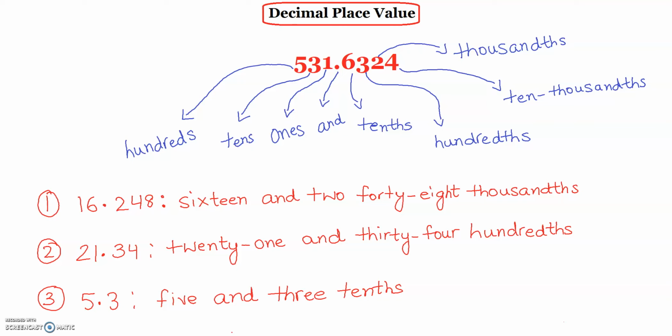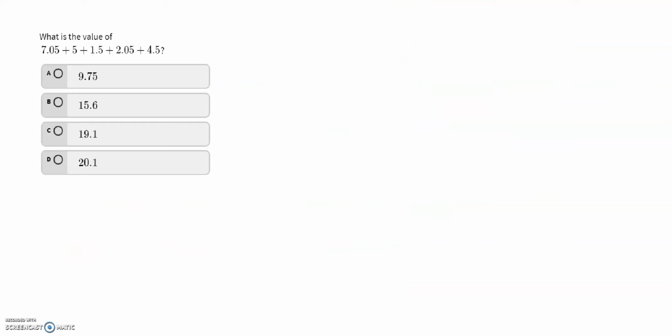So after the decimal point, we have tenths, hundredths, thousandths, and ten-thousandths. Before the decimal point, which is to the left side, we have ones, tens, hundreds. Now I'm going to show you a question which was a sample question in MPT.